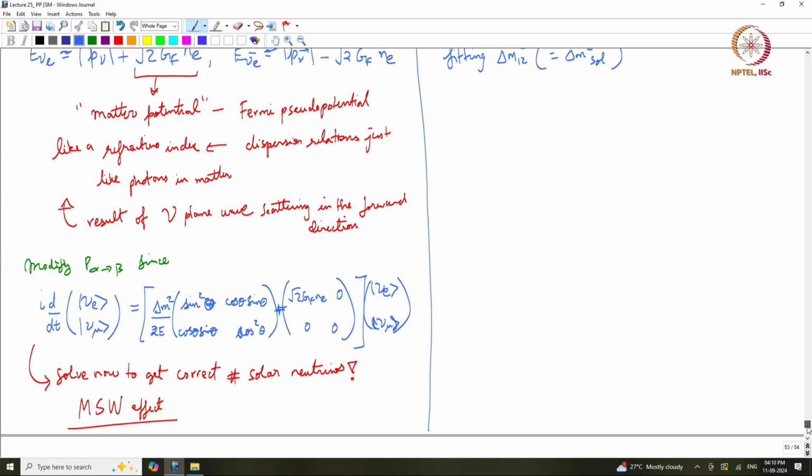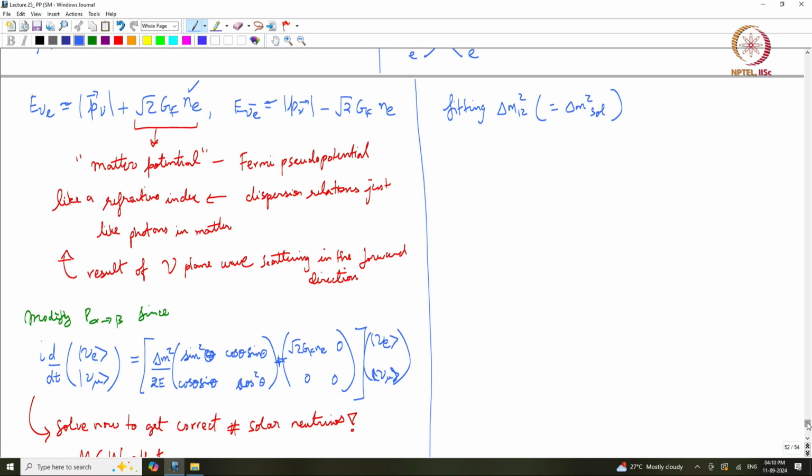Okay, so with this in mind, we should now talk about the ordering of masses. What do we mean by this 1, 2 and 1, 3 and all that? Whatever delta M square you measure is what it is, right. We do not know what eigenstate we are really measuring here, correct.